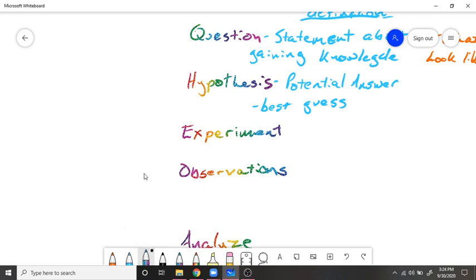The next level up from a hypothesis is called a theory. Most people use the word theory and hypothesis interchangeably. They are wrong.